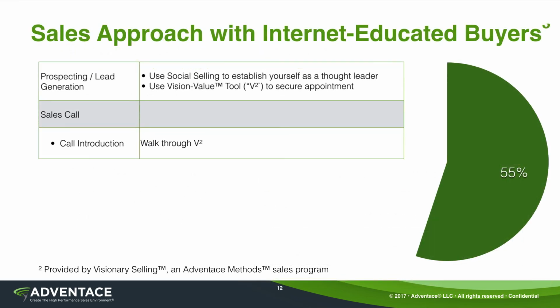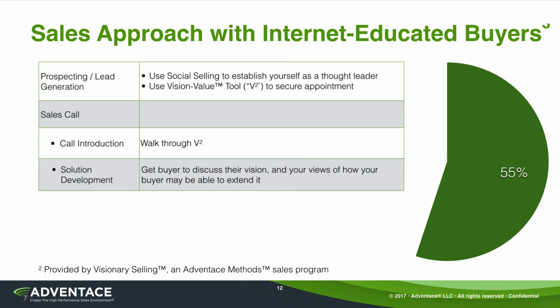Then, when it comes to the call introduction, I'll walk through how that vision value tool will get the buyer to conclude that you're highly competent. The process to follow with solution development is one designed to help you re-evolve or extend the buyer's vision beyond where it is today.